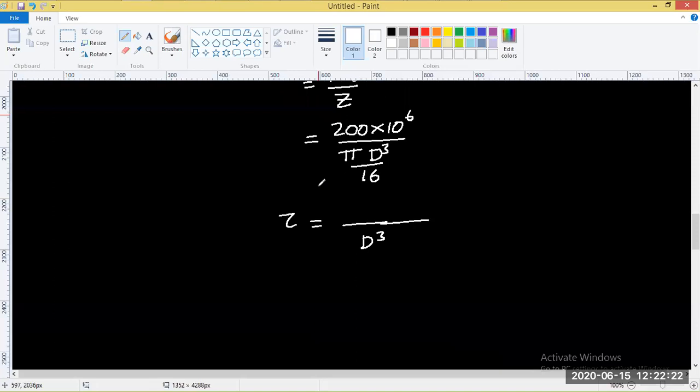And now about shear stress, that is tau is 200 E6 times 16 over pi into 16.